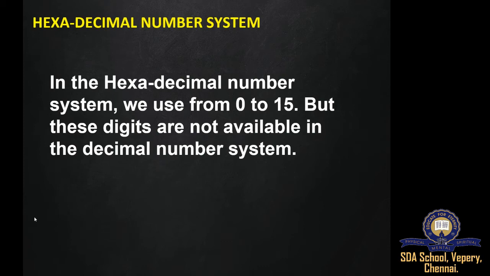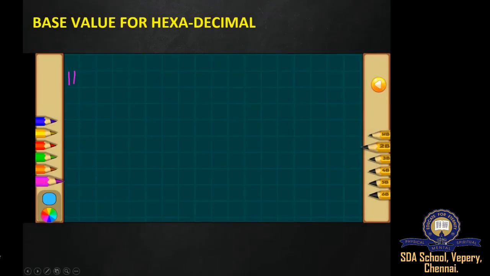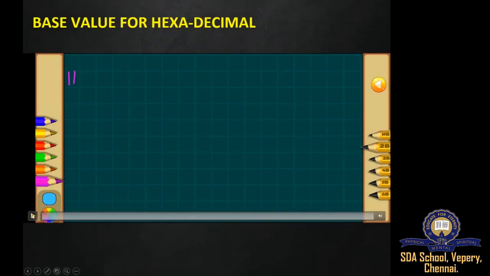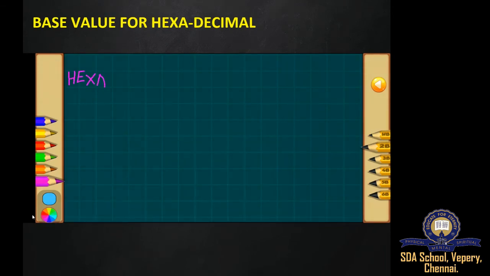How are we going to calculate this? Shall we do it with our formula? What is our formula? We already know the base value for hexadecimal is 16.